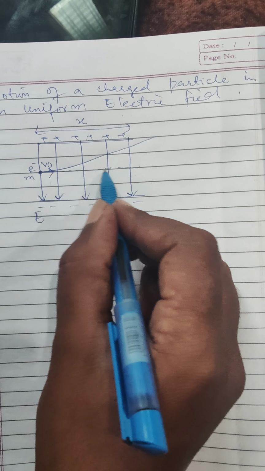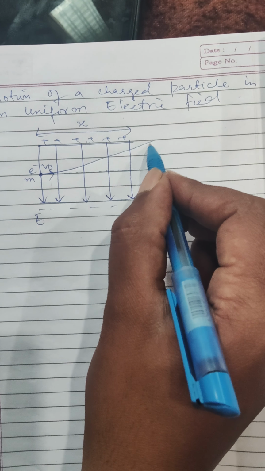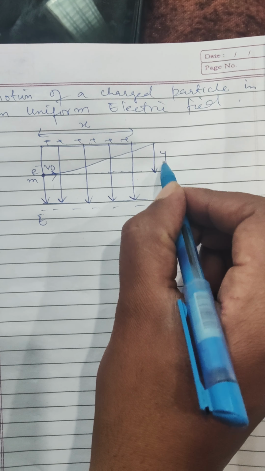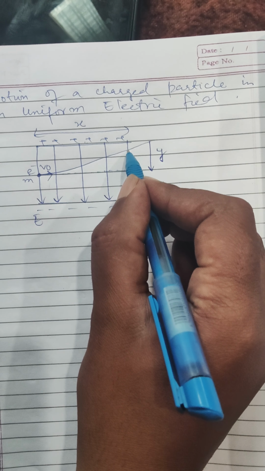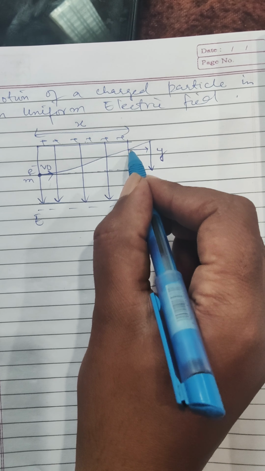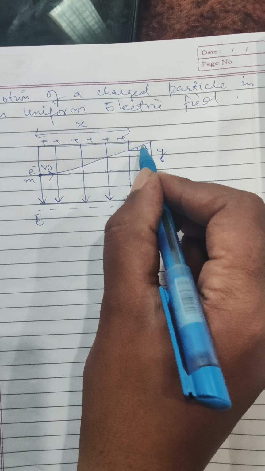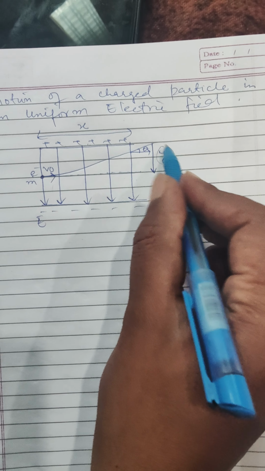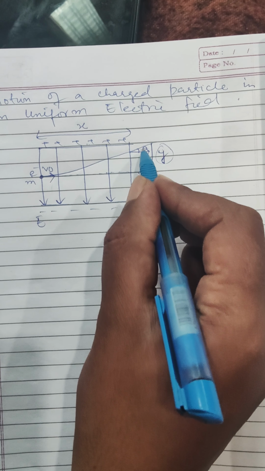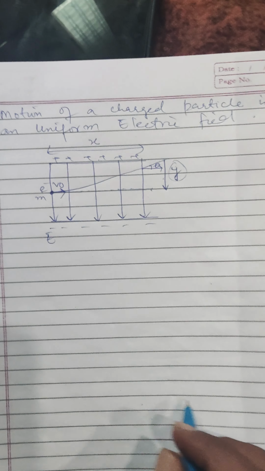From its original path, it will show a deflection. Let us name that y, and it will emerge here with some angle theta. We have to calculate this deflection from its original position and this angle theta at which it emerges.